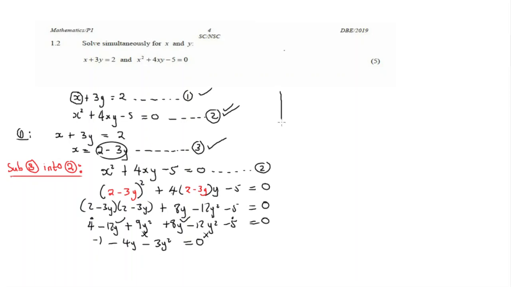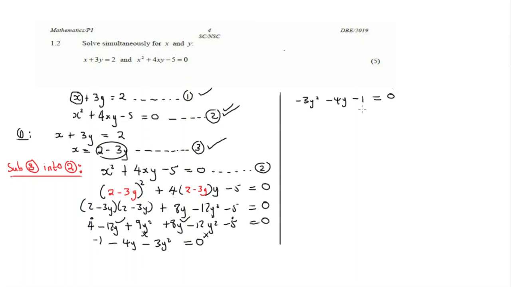So let me write it in its standard form: minus 4y minus y minus 1 is equal to 0. You can use the quadratic formula to solve this, but I will use the factoring method.